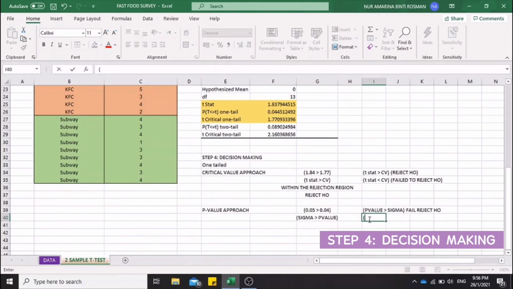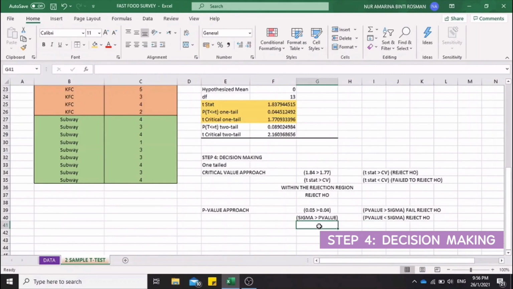But if the p-value is lesser than sigma, obviously you have to reject H0. So sigma more than p-value is equal to p-value less than sigma.